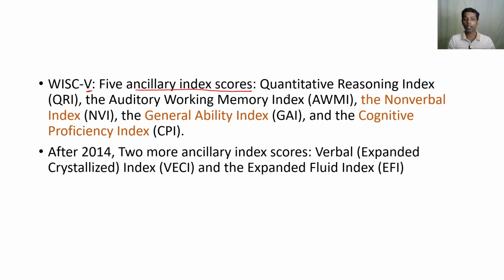The 5 ancillary index scores are the quantitative reasoning index, QRI, the auditory working memory index, AWMI, the nonverbal index, NVI, the general ability index, GAI, and the cognitive proficiency index, CPI. Among them, the last three, NVI, GAI, and CPI, can be derived from the primary subtest scores.